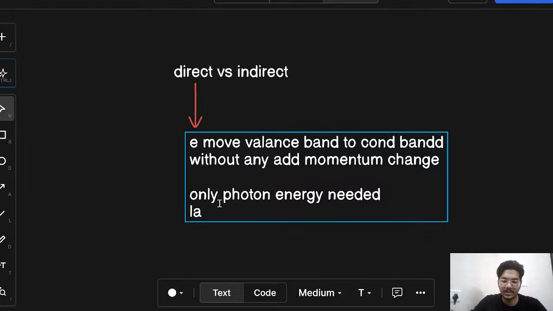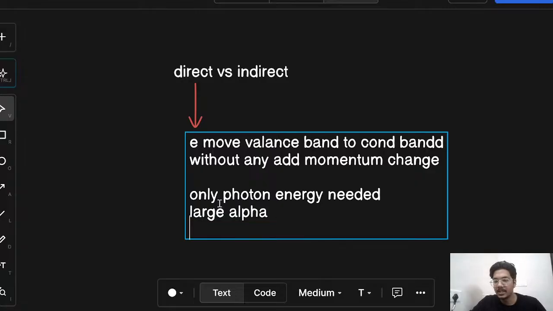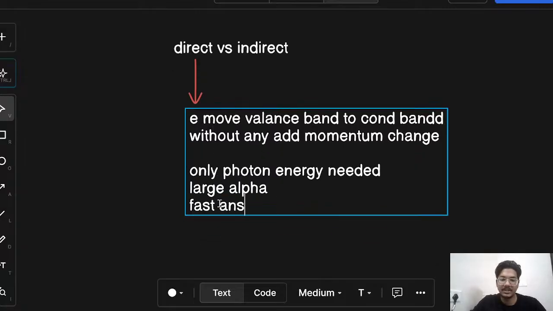High probability, strong absorption, large alpha, and fast and efficient.